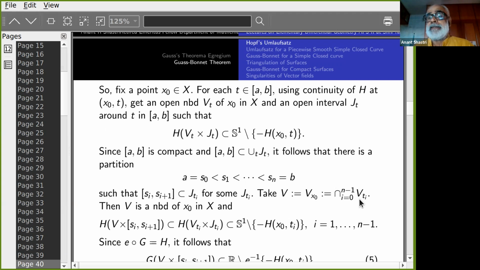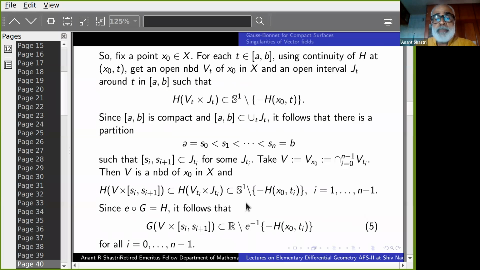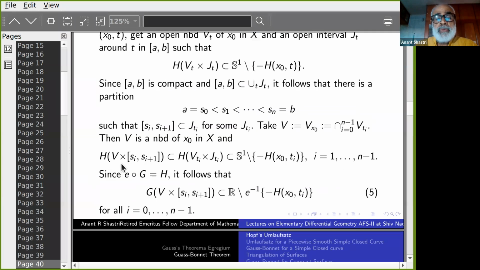You take the intersection. That is another neighborhood, because the intersection of two open subsets is open, so finitely many open subsets is open. So V is a neighborhood of x0 in X. And what happens to H of V cross S_{i+1}? V cross S_{i+1} is contained inside V_{ti} cross J_{ti}. V is always contained in V_{ti} because it is the intersection of all of them.